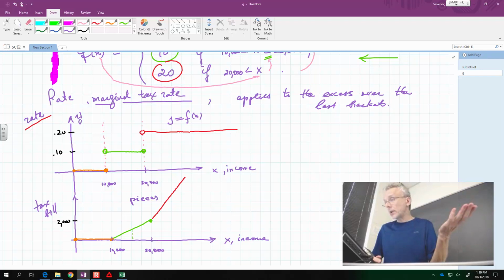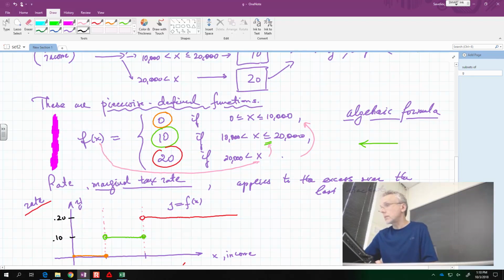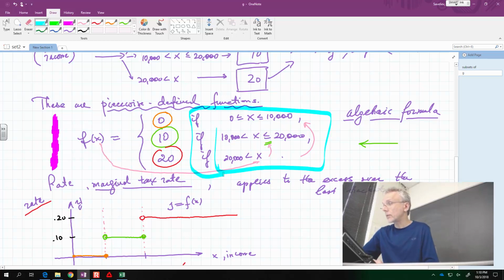The formula you can take as an exercise: try to come up with a formula for this kind of income. The graph is there, so all we have to do is find the formula. So this part will be the same, this part will be the same, but the actual formulas will be different because they are not constant, not just numbers.